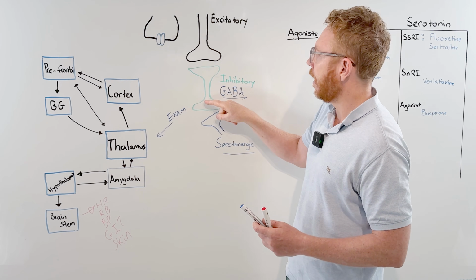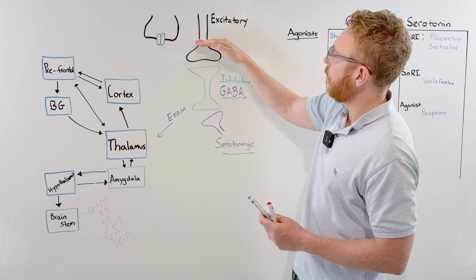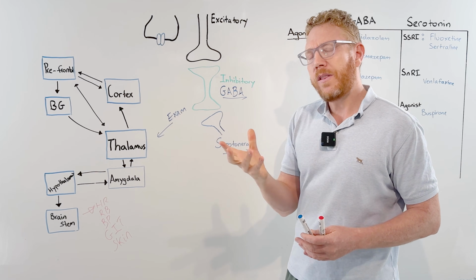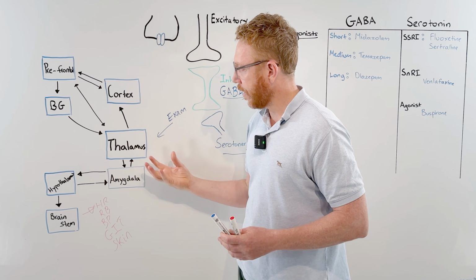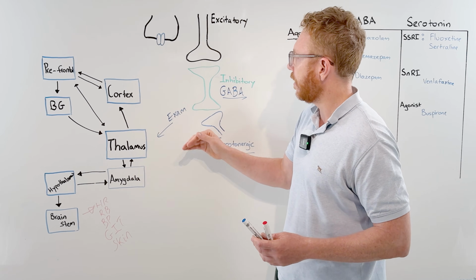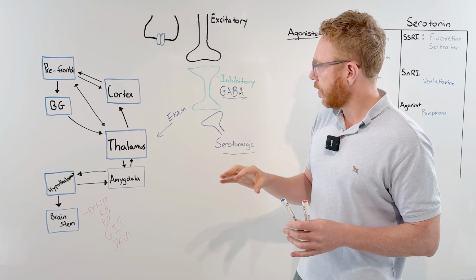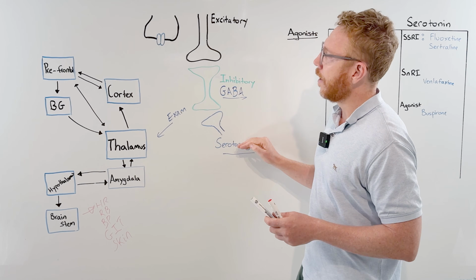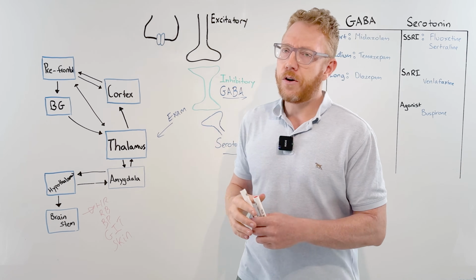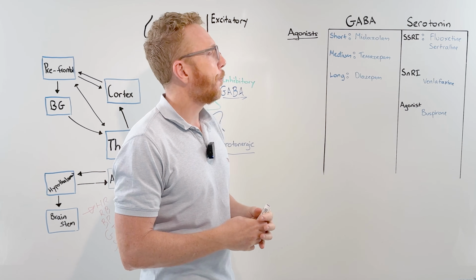If you activate an inhibitor, the inhibitor then inhibits even more, therefore there's less excitation, therefore hopefully less anxiety. But in these disorders we have a problem with processing these neurotransmitters, or the amygdala becomes too hyperactive, with not enough inhibition. So when we think about the drugs, the two important neurotransmitters we're going to focus on are GABA and serotonin, and those are the two main categories we're going to go through now.